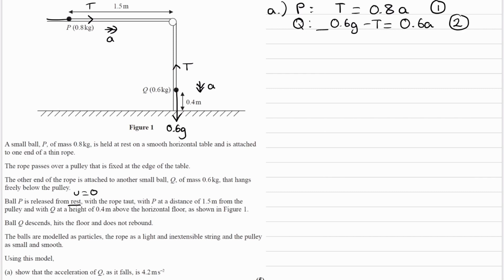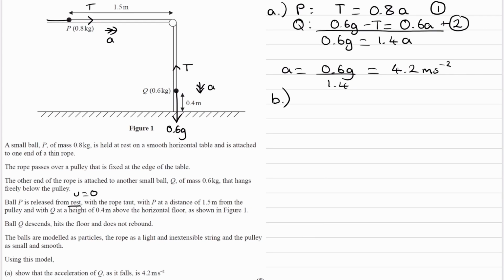The easiest way to solve these two simultaneously, well, you can sub in, to be fair, I like to just add them. I add them, and I end up with the T's cancelling. I get 0.6 g is then equal to 1.4 a. Rearrange that, a is then 0.6 g divided by 1.4. And when you type this into a calculator, you will end up getting 4.2 meters per second squared exactly.